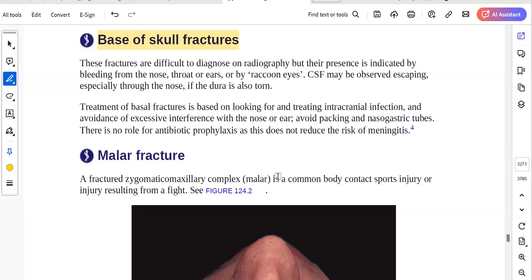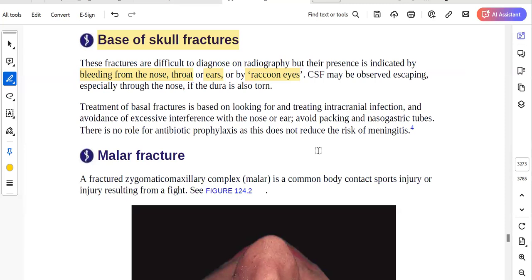A patient who has got a head injury or trauma to the head, maybe after a motor vehicle accident, if they're coming with bleeding from the nose, ears, so we call it CSF rhinorrhea or CSF otorrhea, or if they have got raccoon eyes, which is kind of a bruising around the eyes, and also there is a sign called Battle sign, which is ecchymosis or bruising on the mastoid bone.